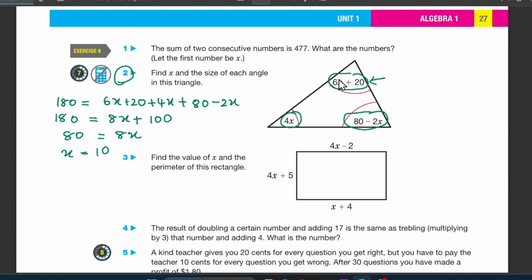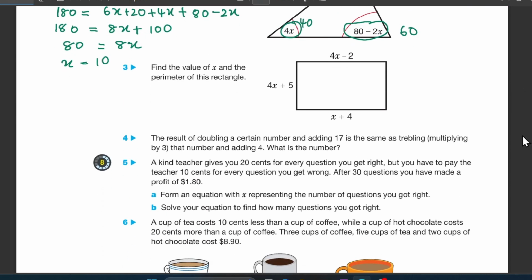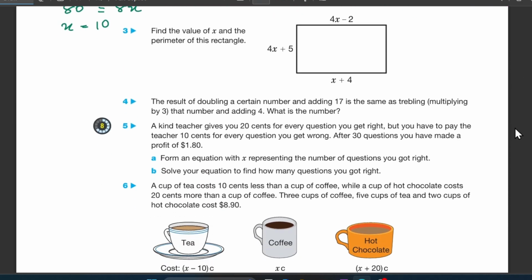Here we have 6x means 60. Then this is 80, and this is 60. This is 40. So we get 180. That's correct. And then I'll do the sixth one.